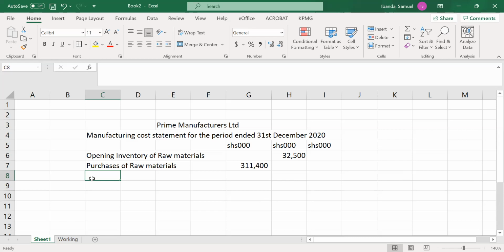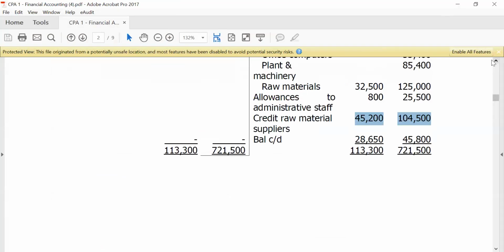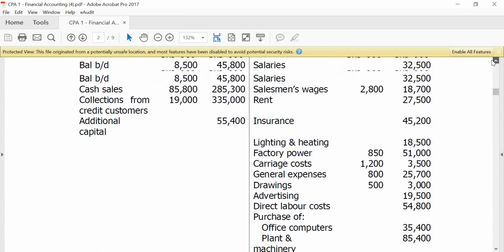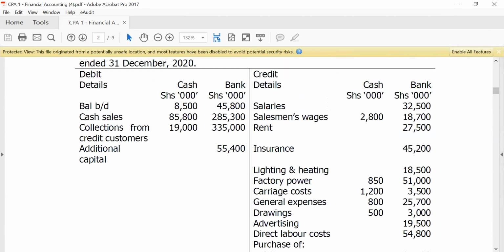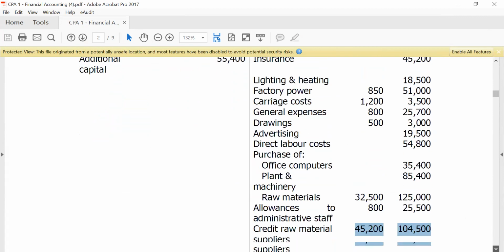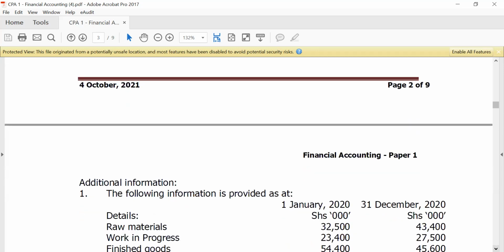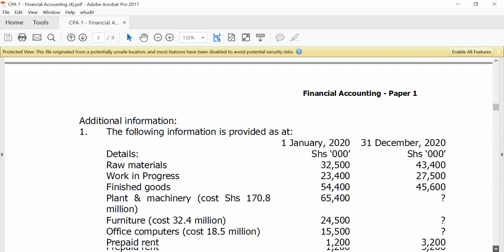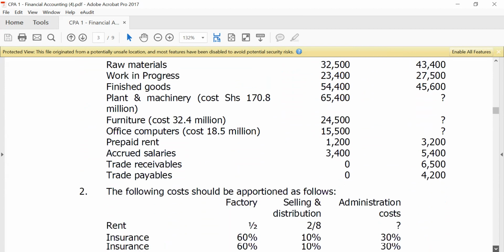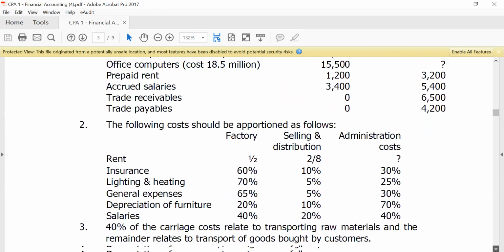Purchase returns are deducted, while carriage inwards are added to get to the purchases. So I ask myself, were there any carriage inwards for purchases of raw materials? The reason why we add carriage inwards onto our purchases is because carriage inwards increase the value of our purchases.